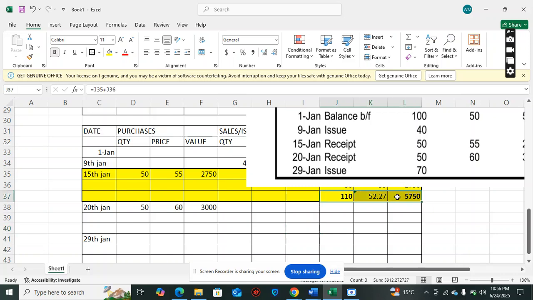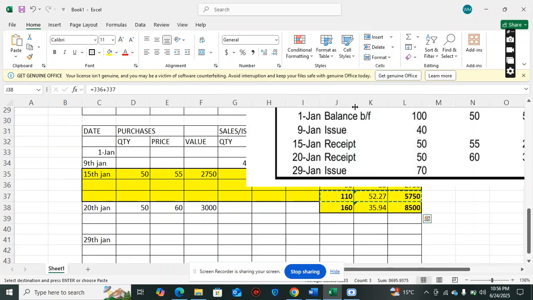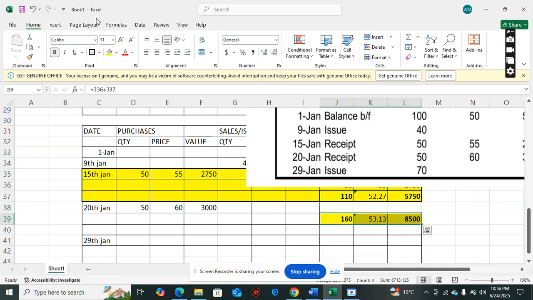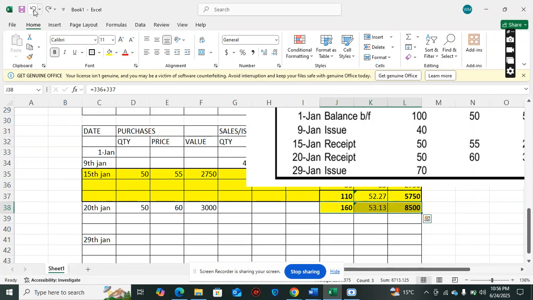So we get this previous batch which we had here where we got the average. Why is it changing numbers here? 110, 52.27, 5,750.